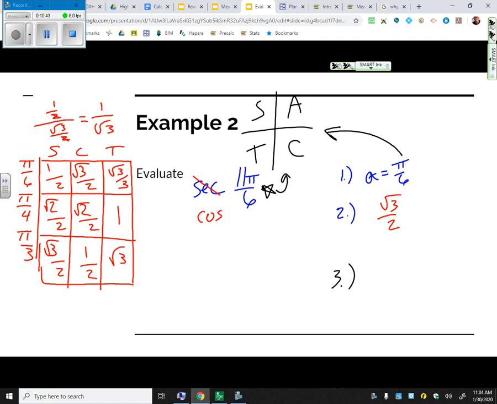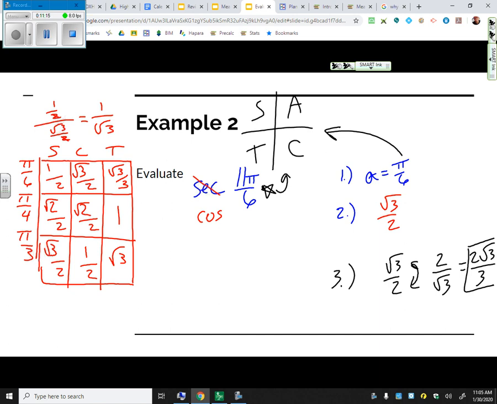So I actually want to leave this one positive. Okay. Now that's cosine. So I'm just going to need to flip it to get my correct answer to secant and then rationalize. Okay. It's going to take some practice on knowing when to flip it, when not to flip it. If it's not sine, cosine, or tangent that I'm getting a value off this table, I'm going to have to flip that value.